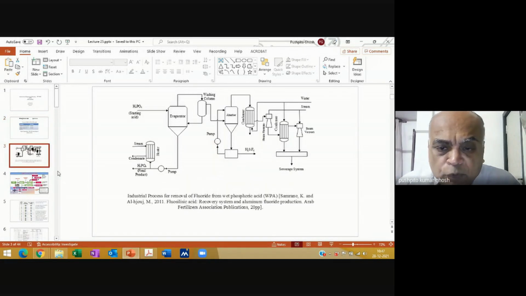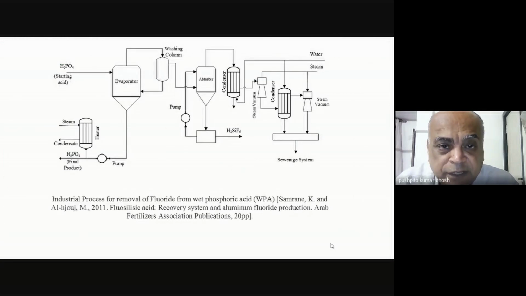Now, one of the processes, this is not the only one followed, is this: you would have seen that most of these rock phosphates also have some amount of silica. You may have to add some silica additionally from outside, but this is for phosphoric acid. So, once you've got the phosphoric acid, you can add some silica to it.